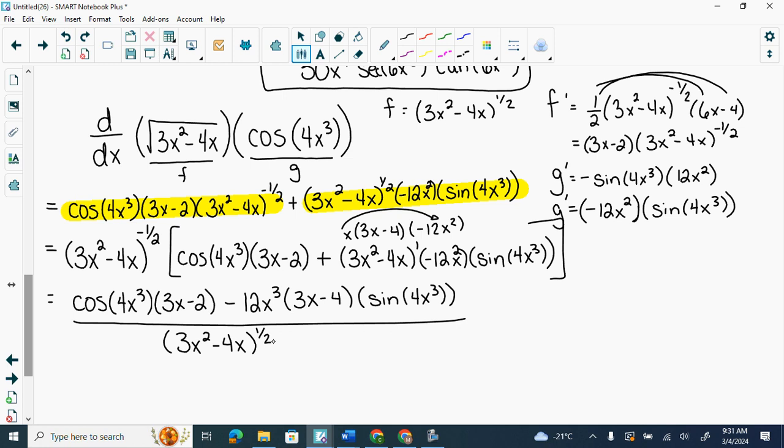If you left it as the root or you left it as a half, you're right in the written result. You can, but they're not going to be able to cancel off anything because it's embedded in a half. So you could have this as x 3x minus 4 to the half instead. But you can't cross off anything, you can't take out anything.